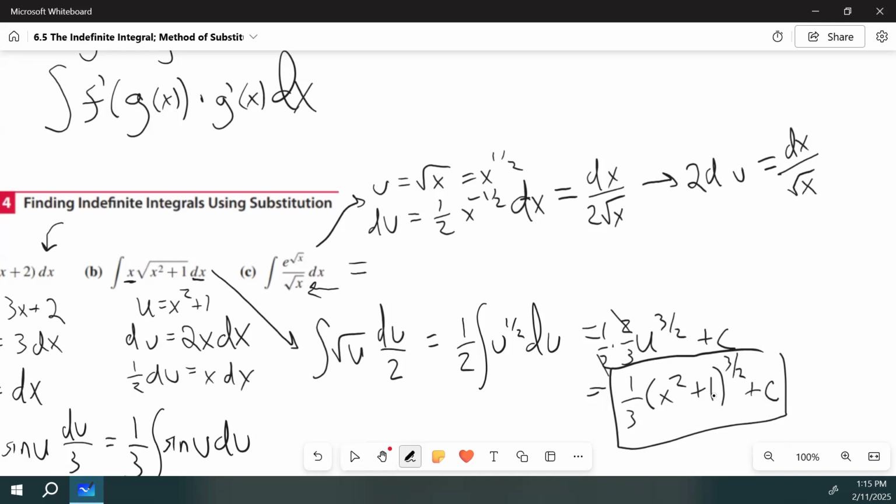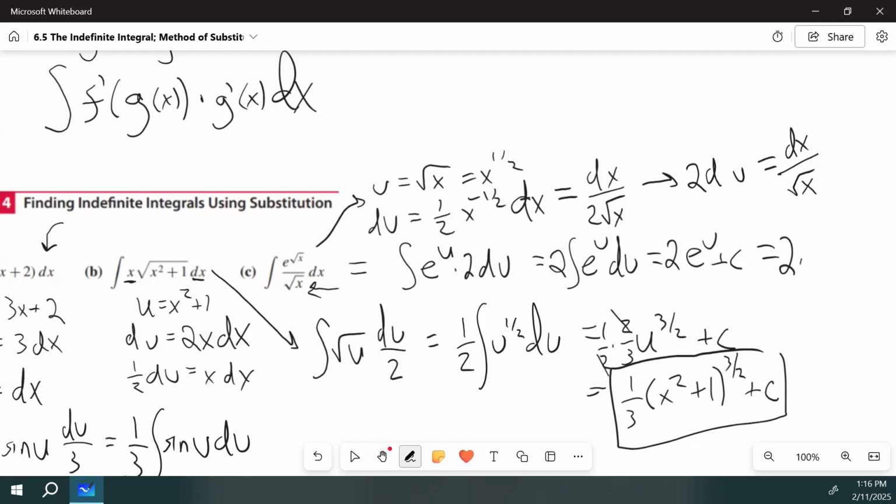So this integral would become e to the u times 2 du, all right, which is 2 integral e to the u du, which is 2 e to the u plus c. And then we back substitute to get it in terms of x, 2 times e to the square root x plus c.